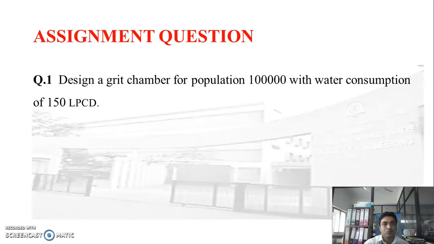As practice, solve this example: design a grit chamber for a population of 1 lakh with water consumption of 150 liters per capita per day. It is a similar problem, only the population and the rate of water supply are changed. If you have any difficulty you can ask me at any time.